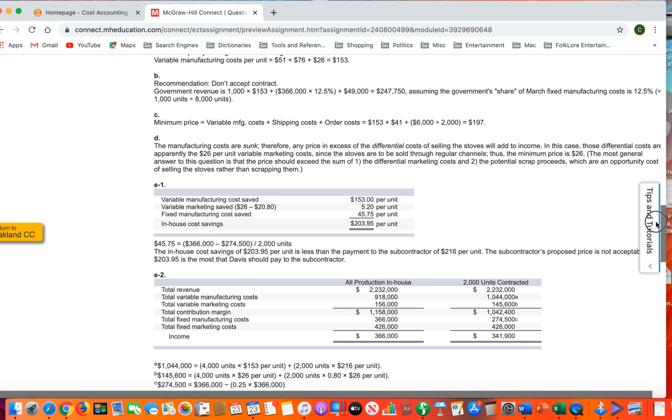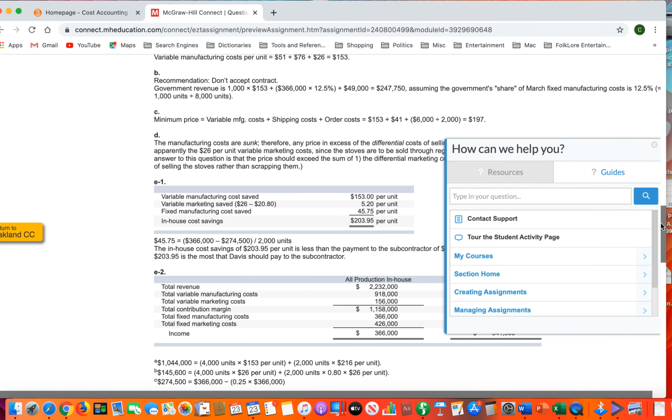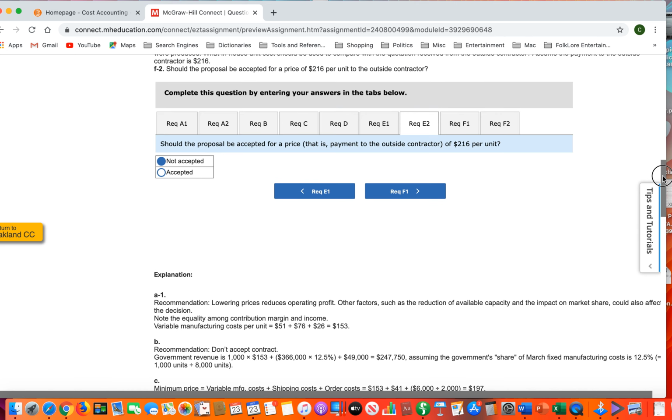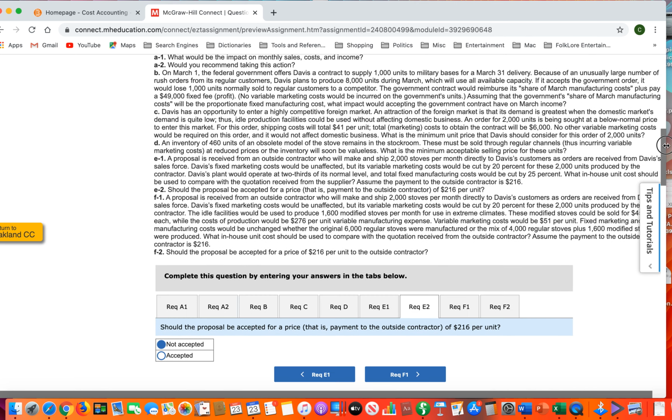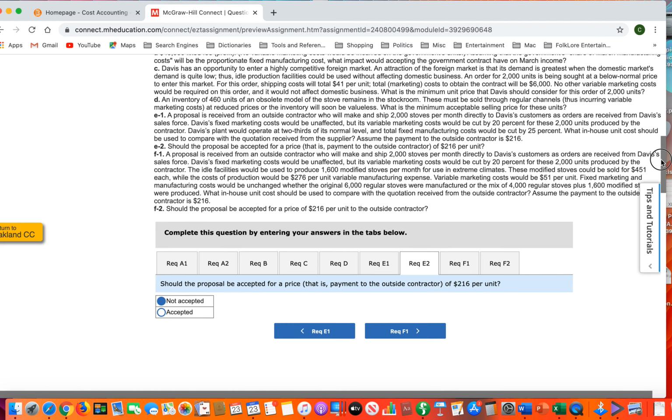And the fixed manufacturing cost saved is 45. And wow, here's how they did that. They said here, up here, for E1, the plant would operate at 2/3 of its normal level. 2/3, right?